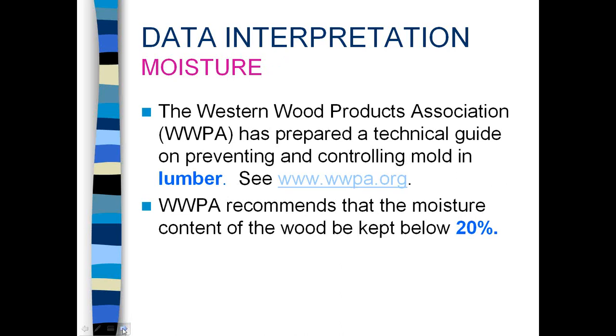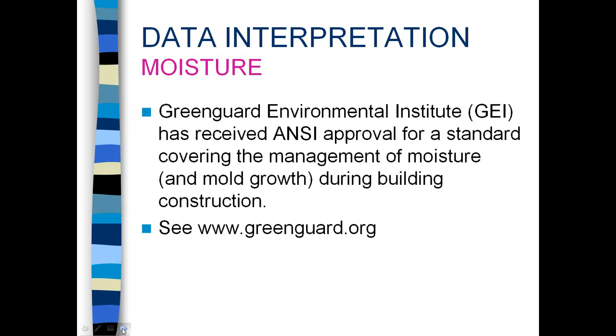They recommend that the moisture content of lumber be kept below 20% to prevent the growth of mold. GreenGuard Environmental Institute has received ANSI approval for a standard covering the management of moisture and mold growth during construction. See greenguard.org for complete details.